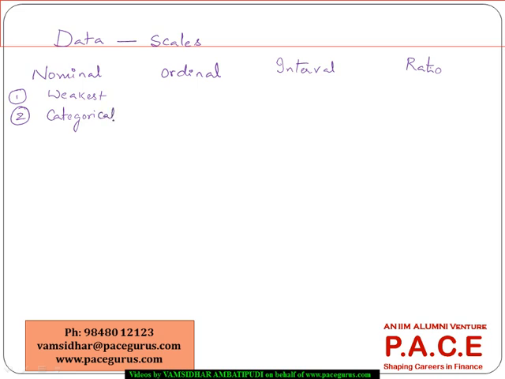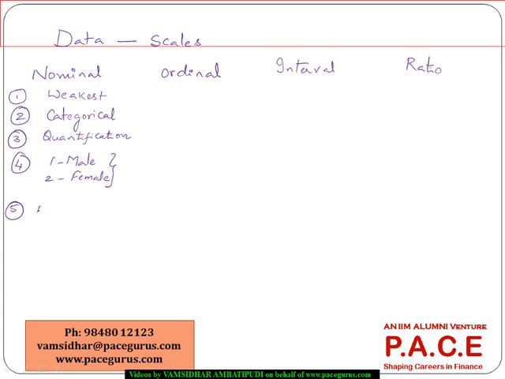Right, the categorical data, I am assigning some quantification to the categorical data. Probably I am simply saying something like 1 means male, 2 means female. I am assigning some kind of a quantification to the data, but there is no ranking to it.